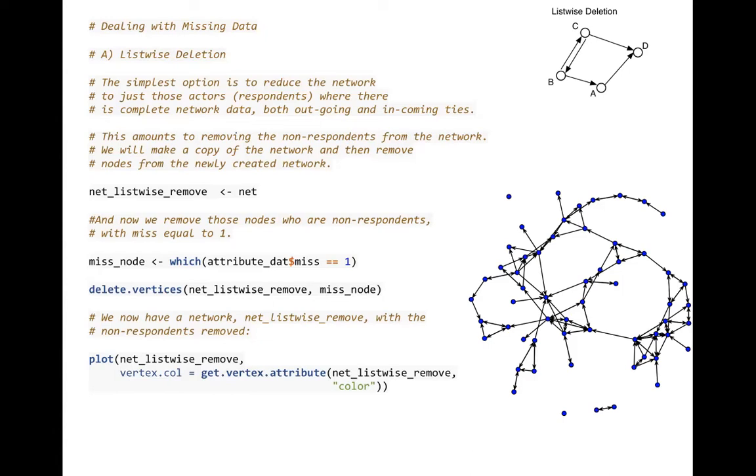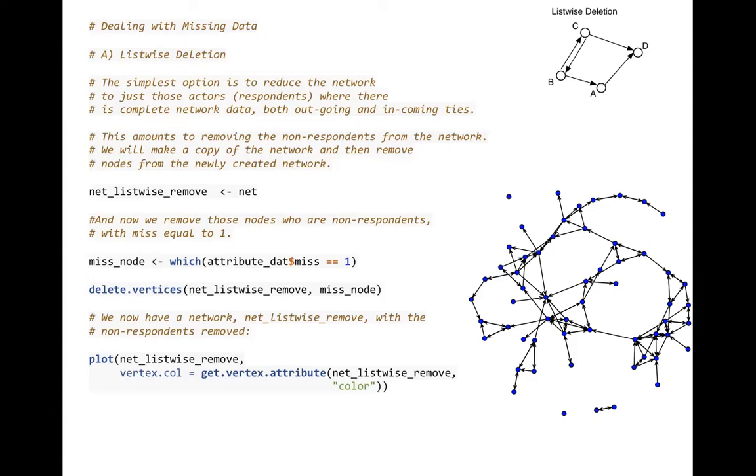In terms of doing it in R, it's fairly straightforward. It's really just about identifying which nodes are missing, and deleting them from the network, and then using that network where those folks are removed as the network of interest. And then I plotted it just to give a sense.